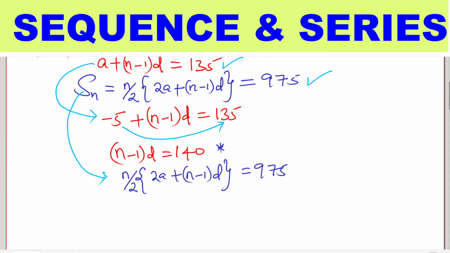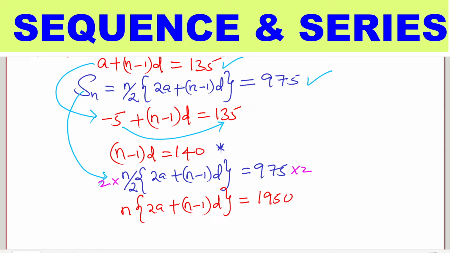Let me begin by multiplying both sides by 2 to get rid of the denominator. And when I do this, I will get n times 2a plus n minus 1 d is equal to 975 times 2. This will give 1950.